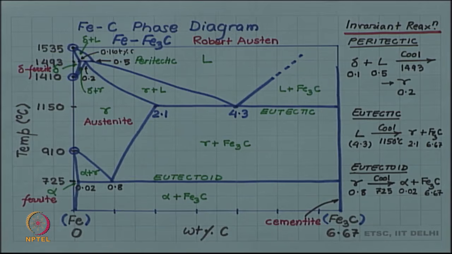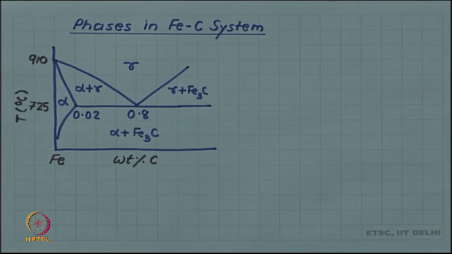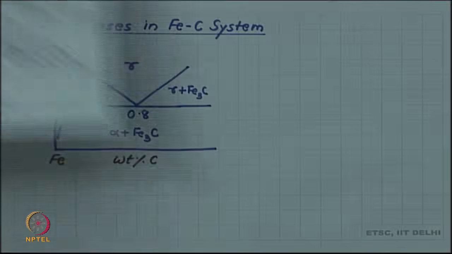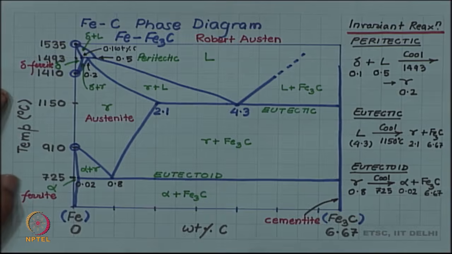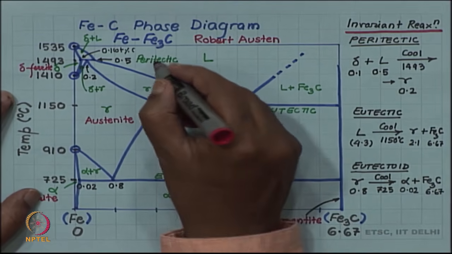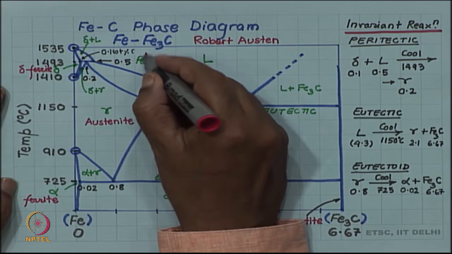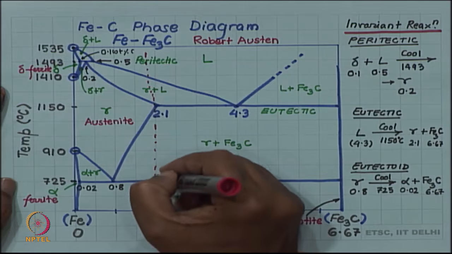Let us look a little bit more at these phases, what these phases mean. So, the phases in the iron carbon system, and one more thing I want to say: in this diagram, we have two kinds of alloys of iron and carbon.